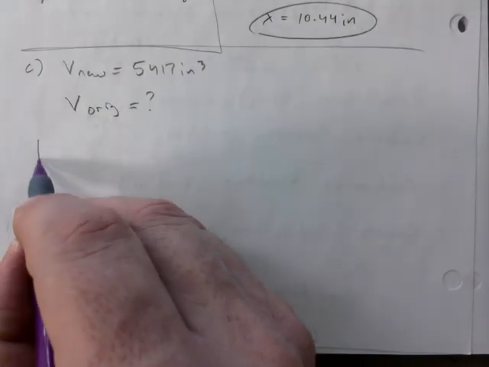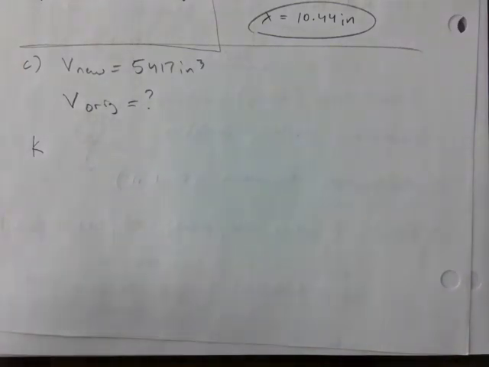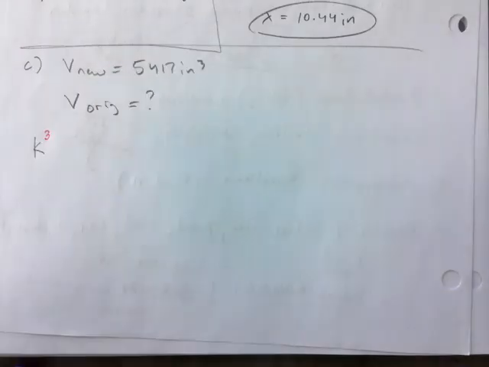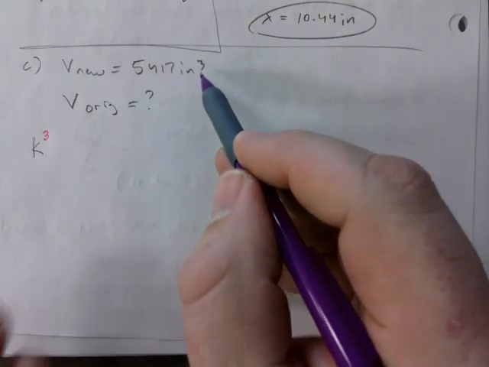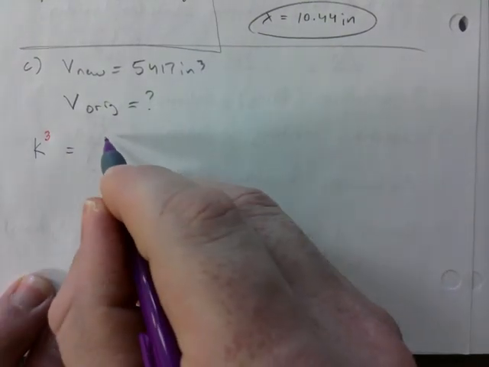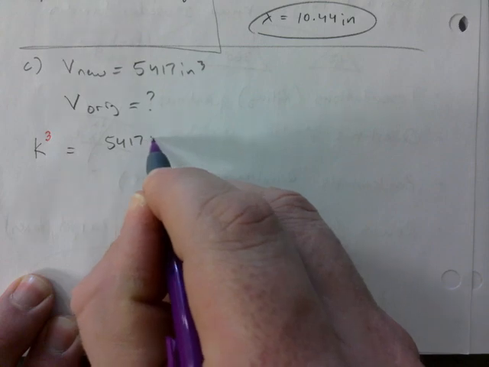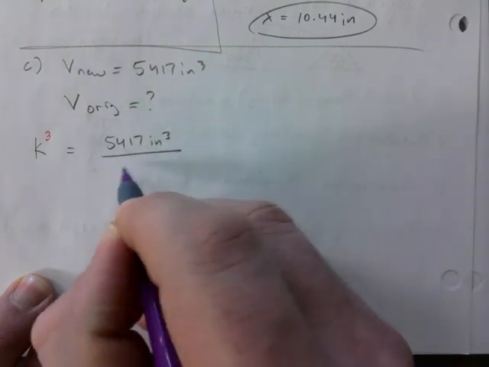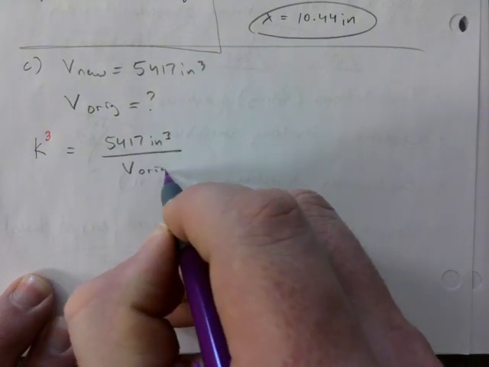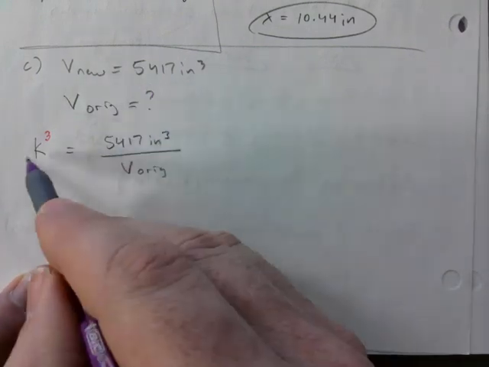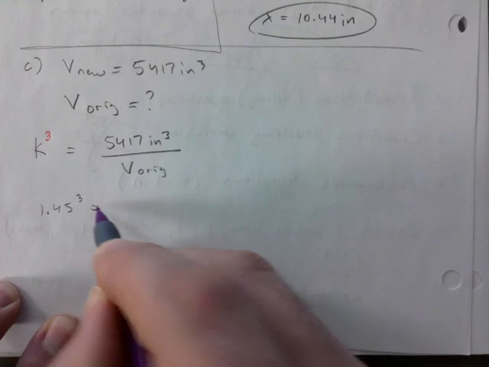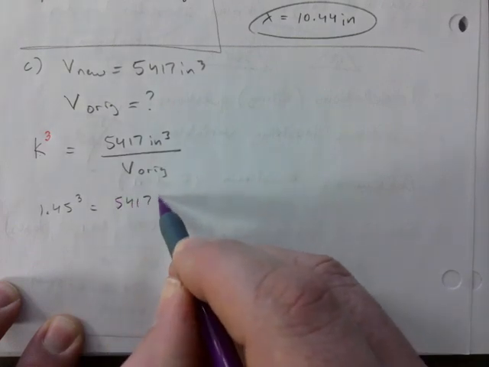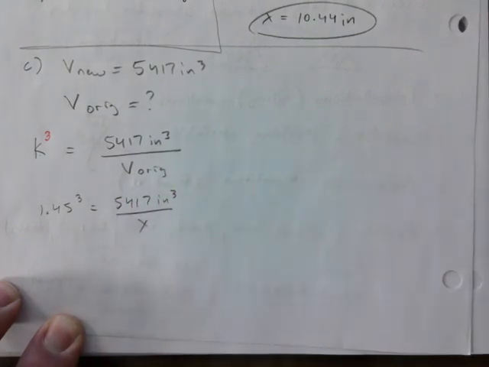Okay. So that means K, I have to consider a cubic scale factor here because my units are in cubic units. This would be 5417 cubic inches. New goes on top. Original goes here. I'm going to substitute that in here. That's 1.45 cubed. It's 5417 cubic inches over, I'm just going to call that X.